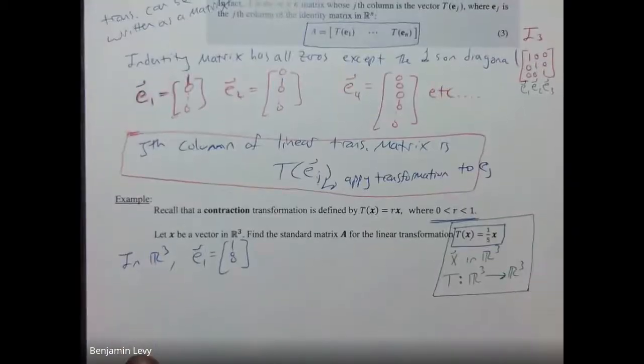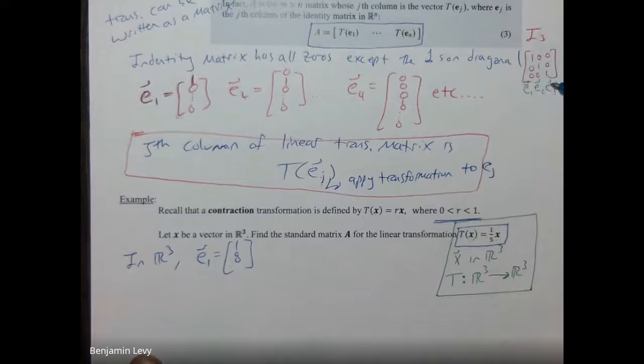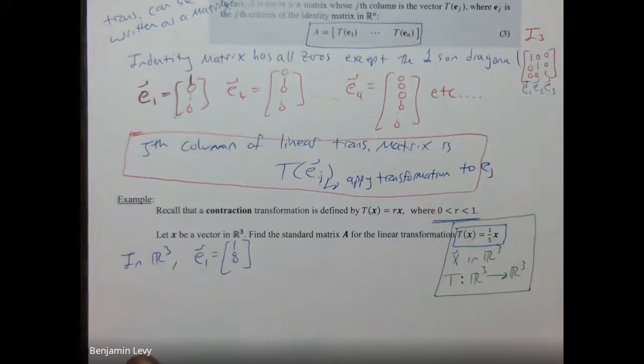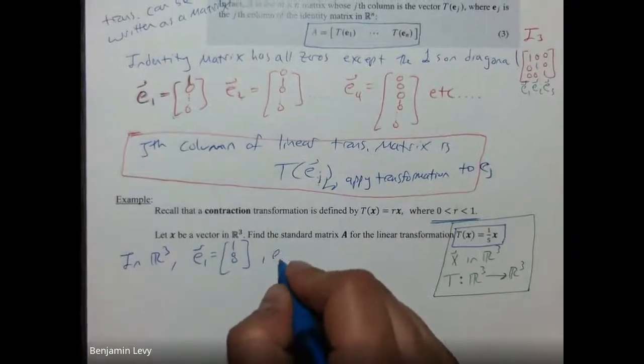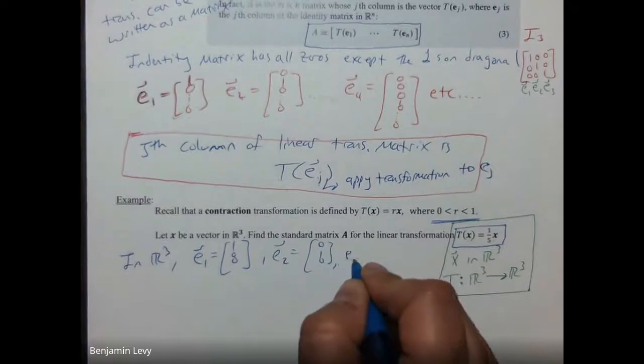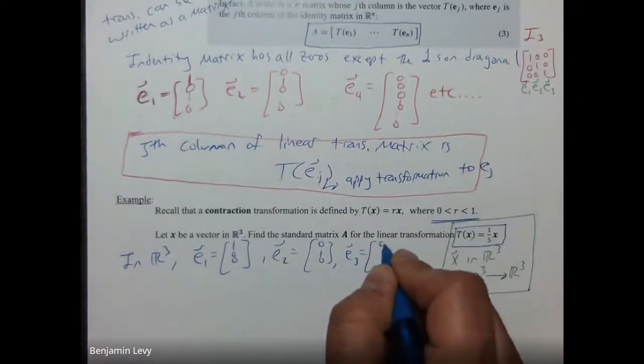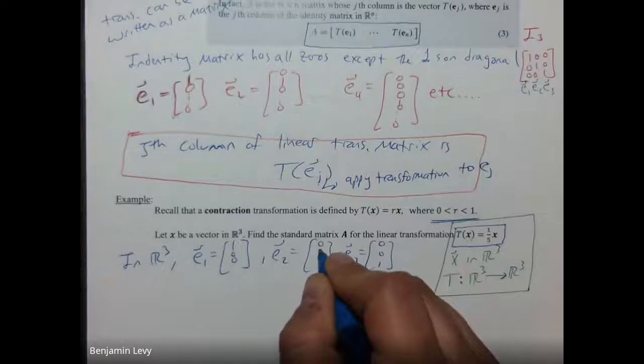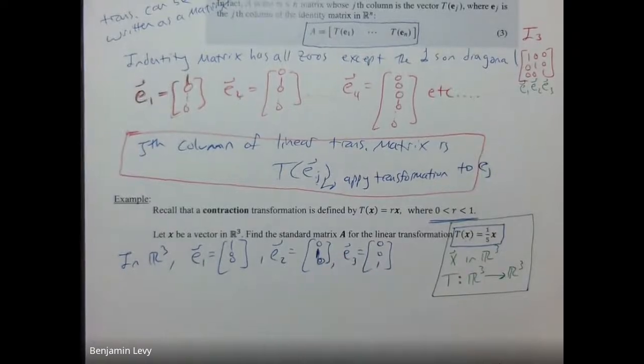The identity matrix in R3 looks like this right here. We just wrote these down a second ago, and these are the ones we're going to be working with on this page. So e_1 was that one, e_2 is the middle column, and e_3 is the right column.